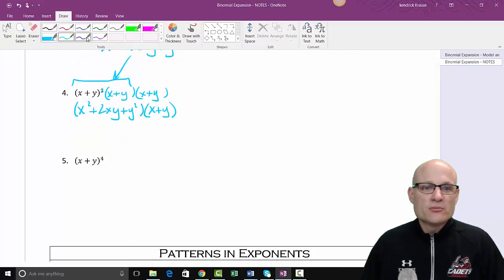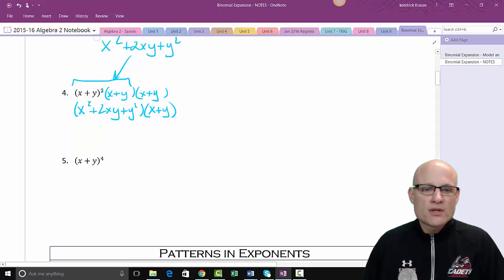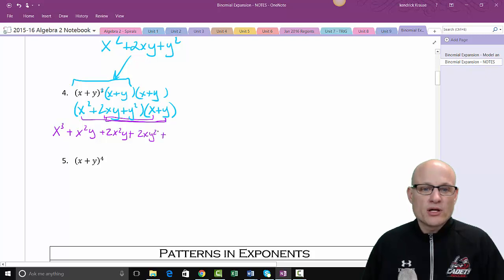I'll do purple: x cubed plus x squared y plus 2x squared y plus 2xy squared plus, I'm going to do it in alphabetical order, xy squared plus y cubed.